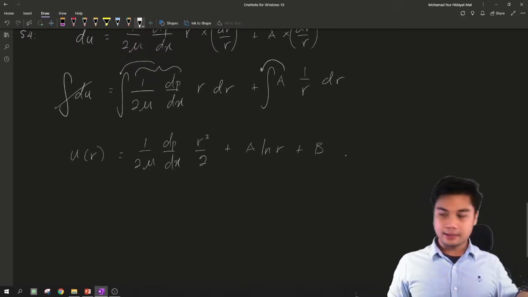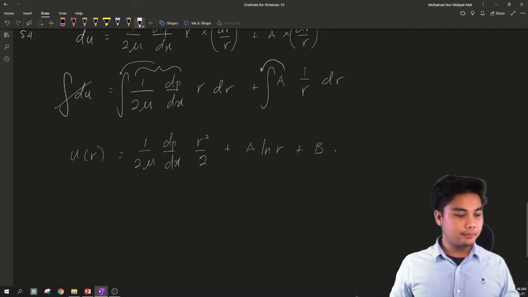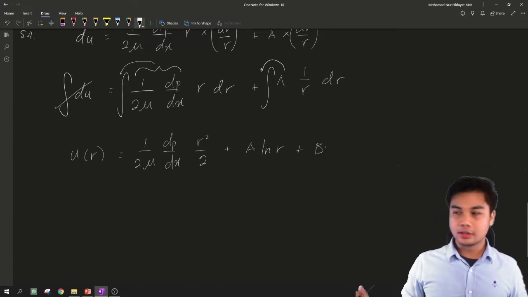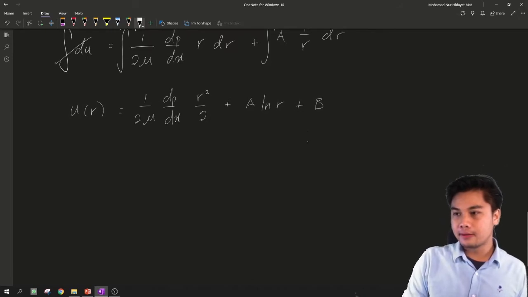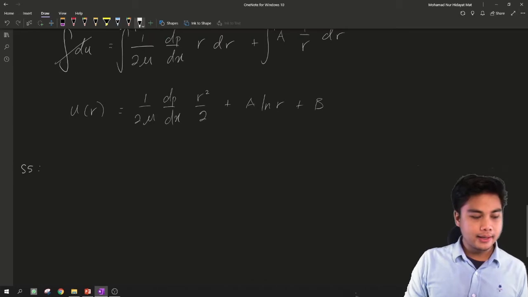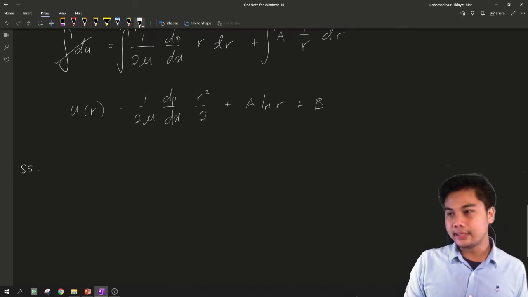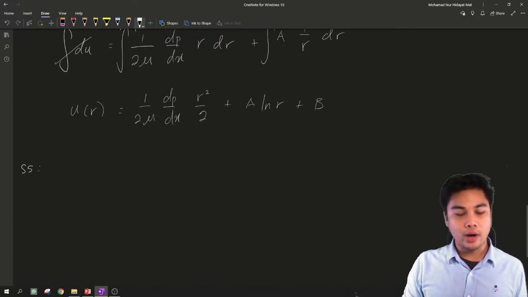So after this step, we need to find the values of a and b. So this is step number 5, where a and b are arbitrary. They are found by setting u equal to 0 when r equals r1 at the pipe wall and r equals r2 as well.